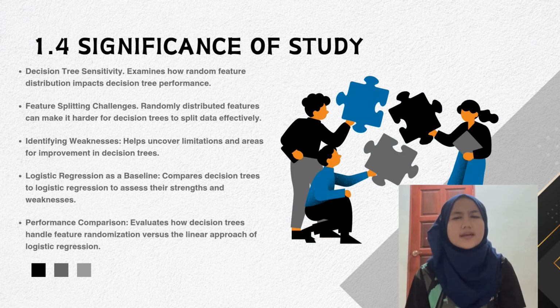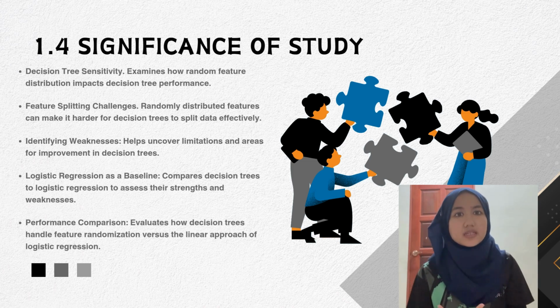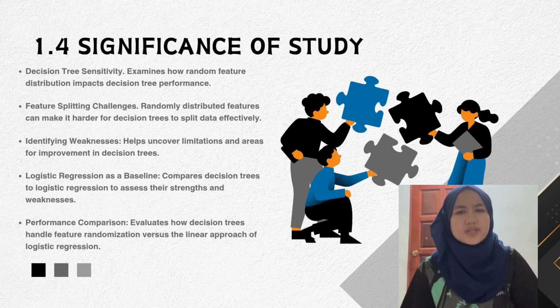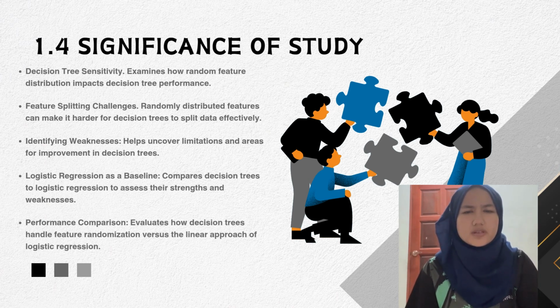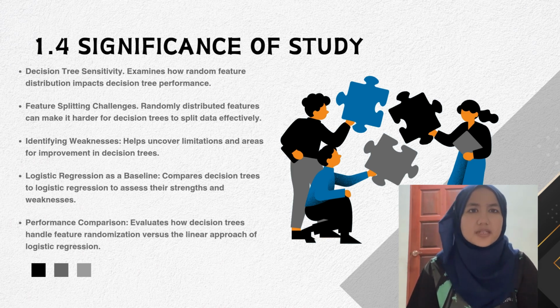Significance of study. Decision tree sensitivity: to examine how random feature distribution impacts decision tree performance. Besides, feature splitting challenge: randomly distributed features can make it harder for decision tree to split data effectively.